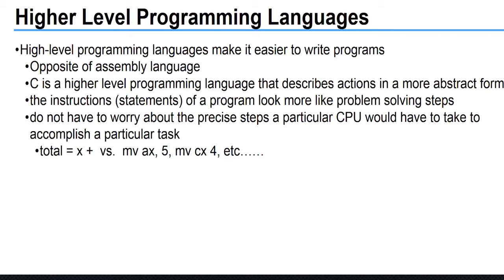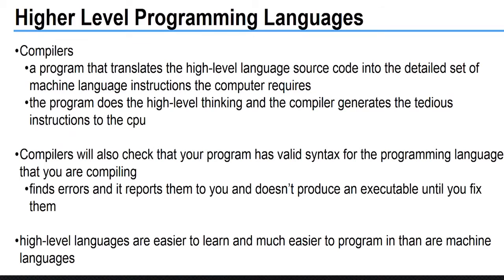See here, the instructions of a program look more like problem solving steps. You do not have to worry about the precise steps a particular CPU would have to take to accomplish a particular task. Next, the compiler.